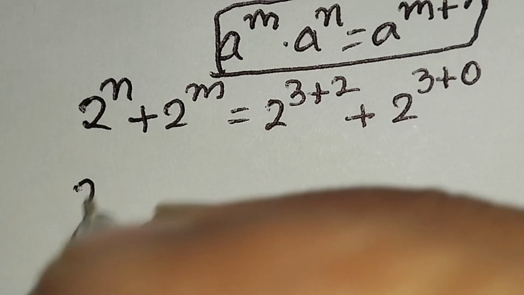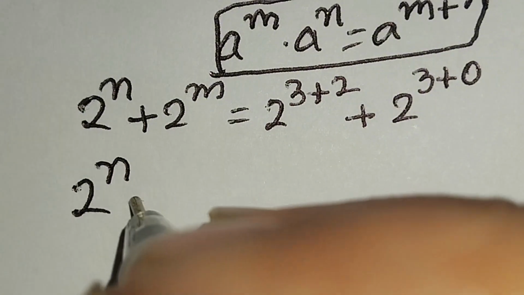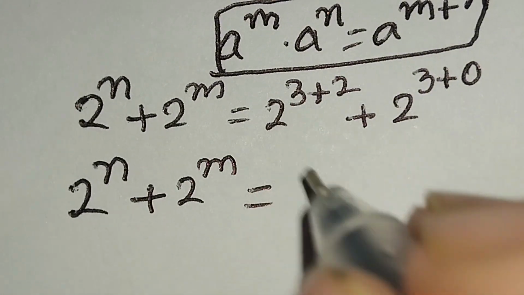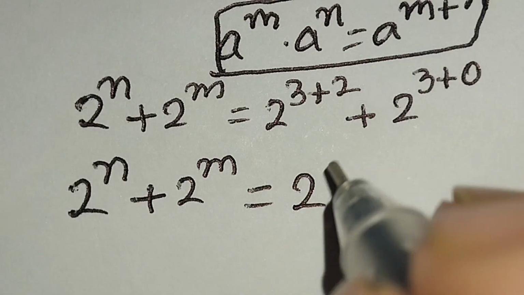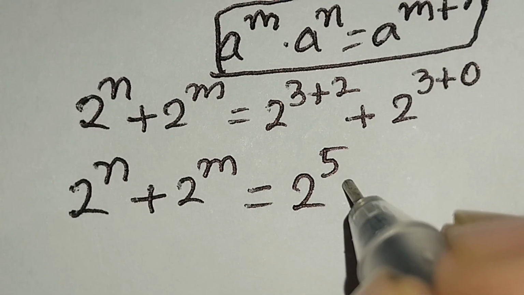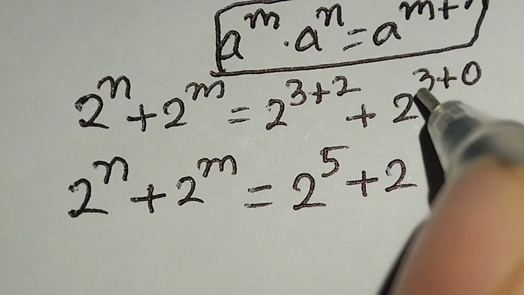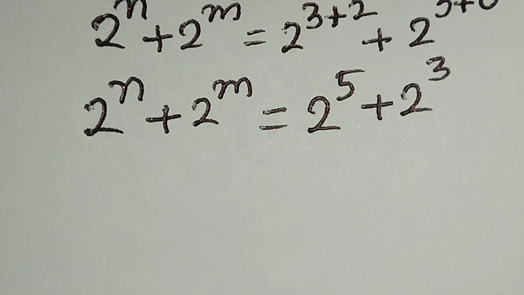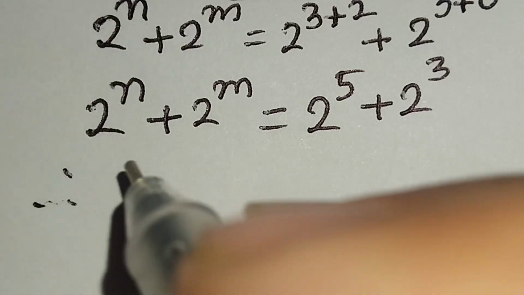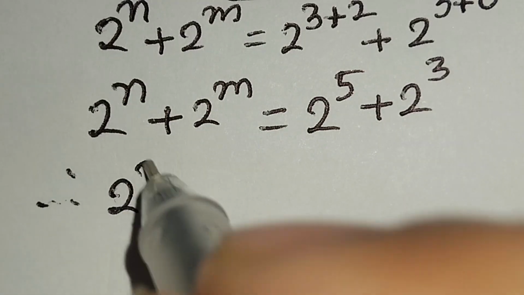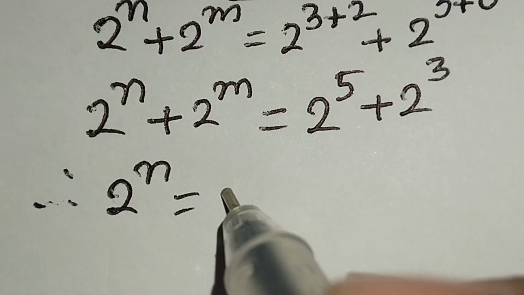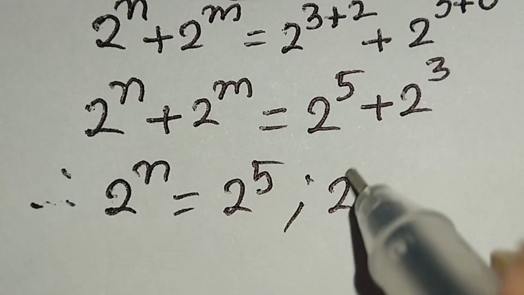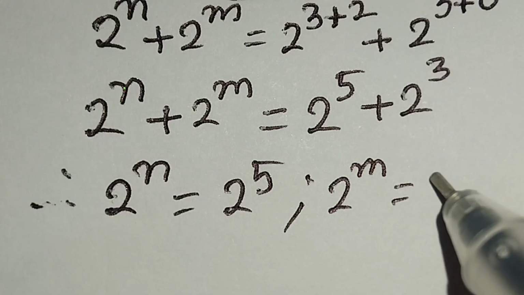Here 2 to the power n plus 2 to the power m equals 2 to the power 3 plus 2, which is 5, plus 2 to the power 3 plus 0, which is 3. Therefore 2 to the power n equals 2 to the power 5 and 2 to the power m equals 2 to the power 3.